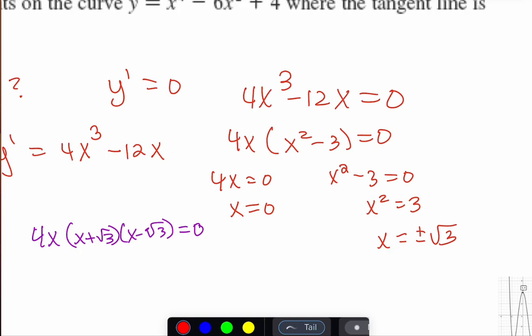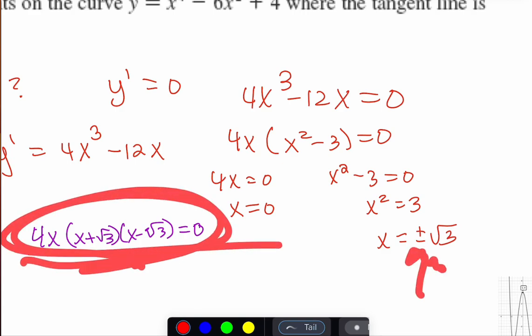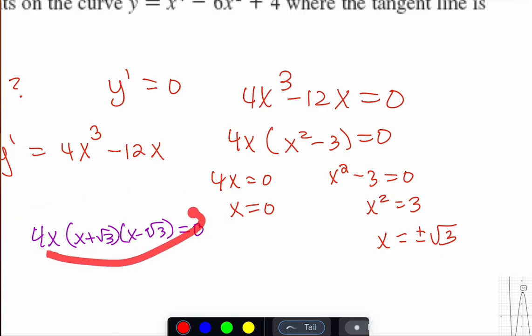Well, is square root of 3 a number? Yeah. So can I break it up? Yeah, I can. This method might prevent you from forgetting the plus or minus. I know many of my students will forget that there's a plus or minus symbol there. So if this helps you avoid that mistake, break it up.